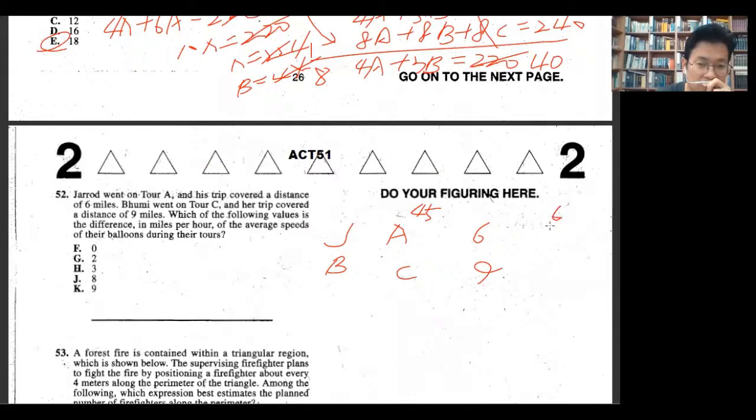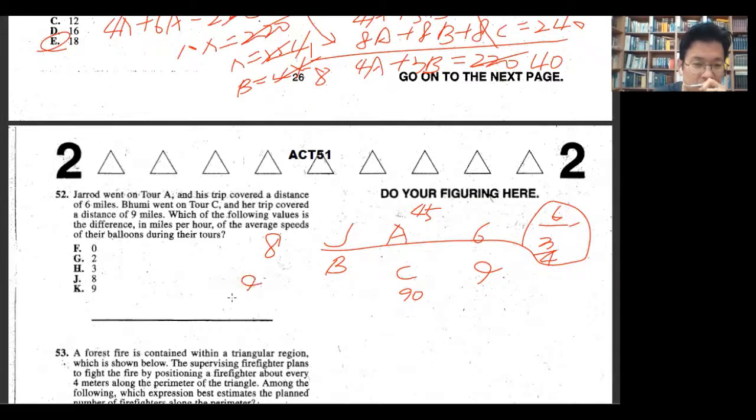So 6 over 45 minutes, which is 45 over 60 of an hour, is 3 over 4, which means this is 8. And this is 90 minutes, 1.5 hours. So 9 over 1.5 is 6. So the difference is 2.